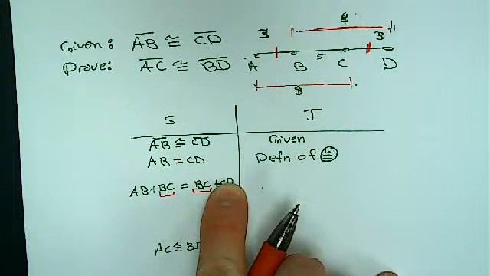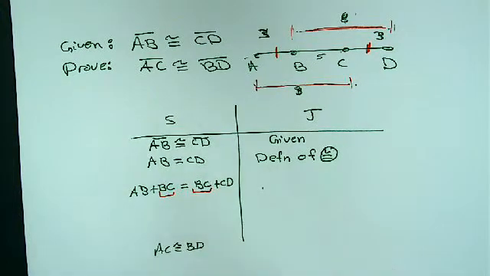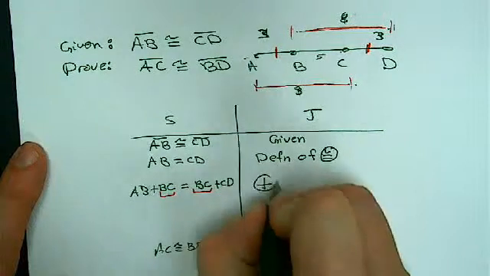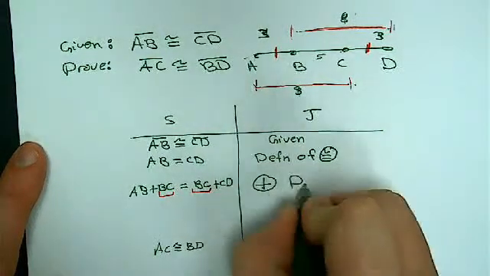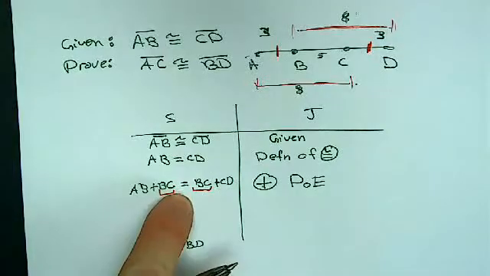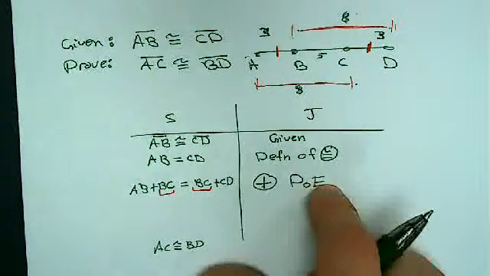There's another rule we had. Yeah, the addition POE. It's a property of equality because we're talking equals. Then you say, what operation were we talking about? The addition property of equality.